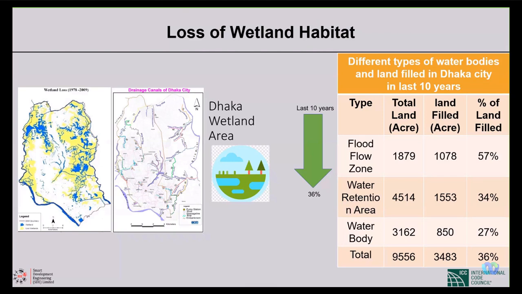Rain will come. You cannot cover the whole of Dhaka city with an umbrella, right? So we have to face the natural system, and we have to allow natural rainfall to drain to its mother, that is the river system or wetlands. If you look at the left side, the blue is the current wetlands, and the yellow was 20 years back. Substantial reduction, 38% of wetland has been reduced. Imagine what is happening here in Dhaka city.